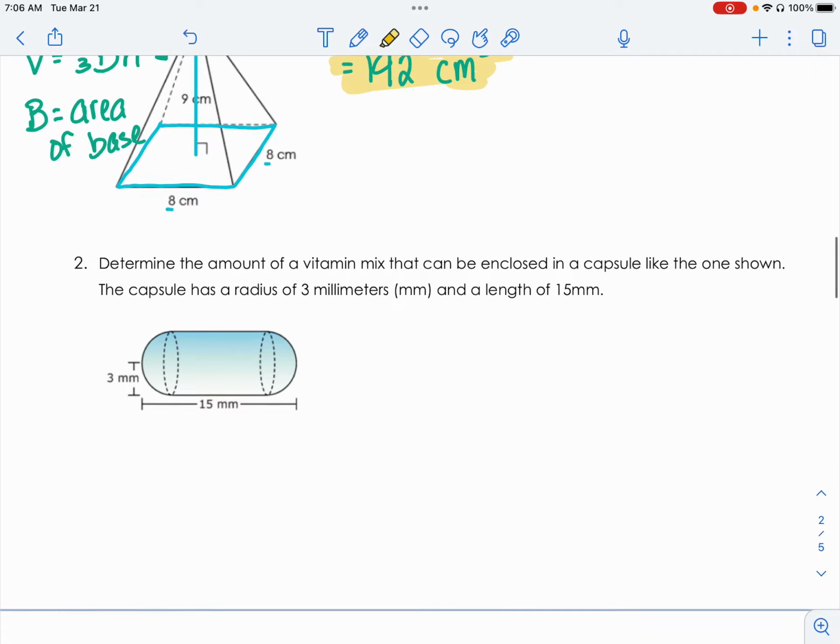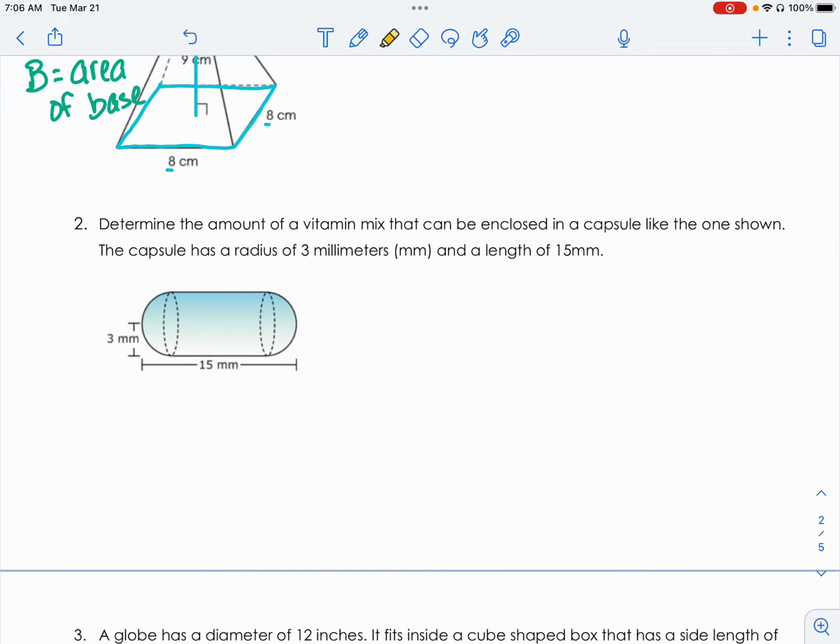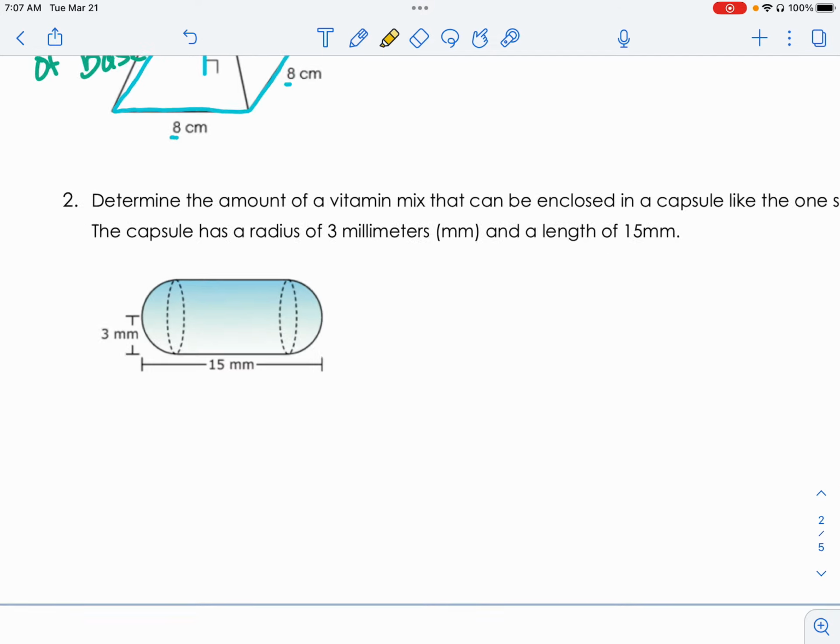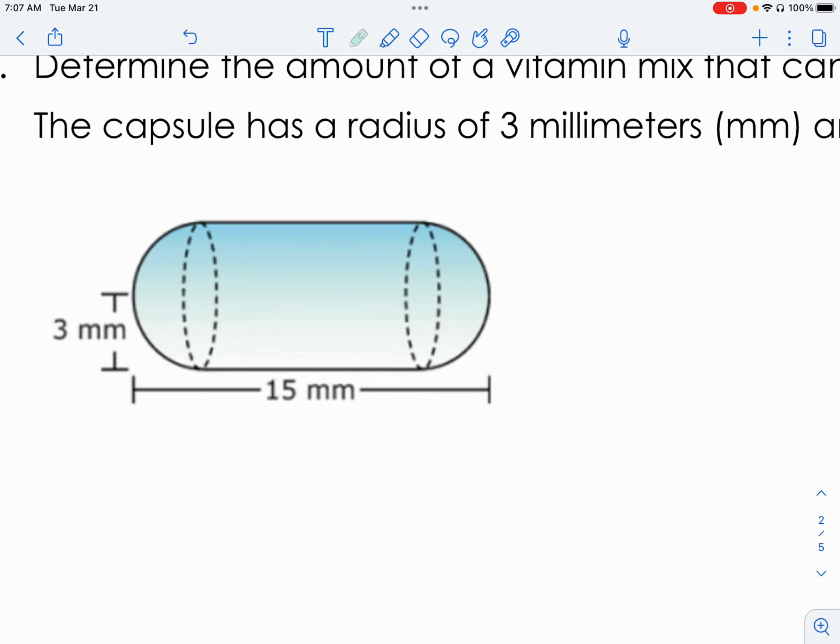Okay, another kind of real world problem here. We're given some type of capsule, and we want to determine the amount of a vitamin mix that we can put inside of this. So think of this like some sort of pill. We're putting vitamins inside of this, and we're told some stuff about the size. So it has a radius of 3 millimeters, and it has a length of 15 millimeters. So we have to cut this up a little bit and do some moving around.